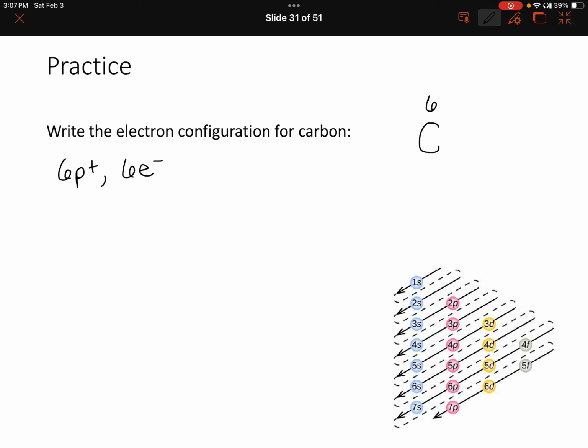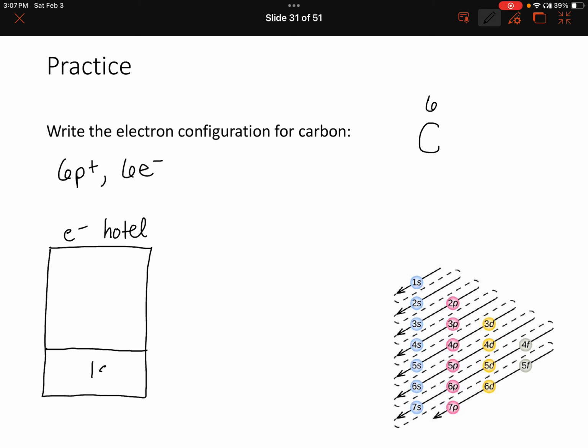So now let's try to fill in the electron hotel. So again, we've got the first floor with 1s, the second floor with 2s, 2p, and the third floor with 3s, 3p, 3d. All right, so try this on your own first. See if you can write the electron configuration for carbon. And when you're done, we'll go over it together.